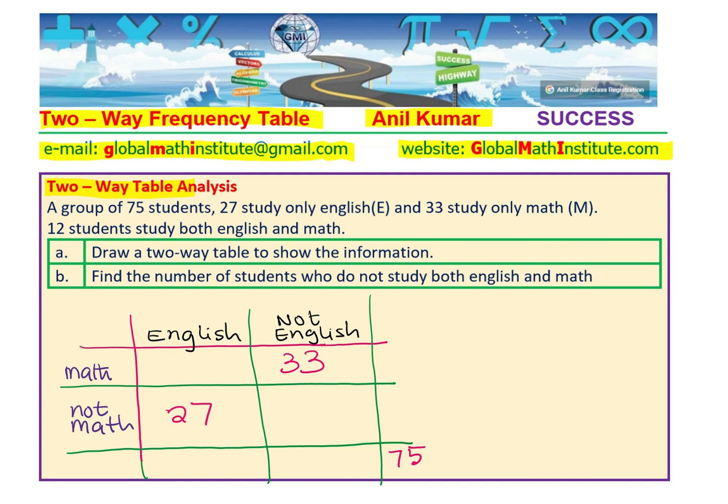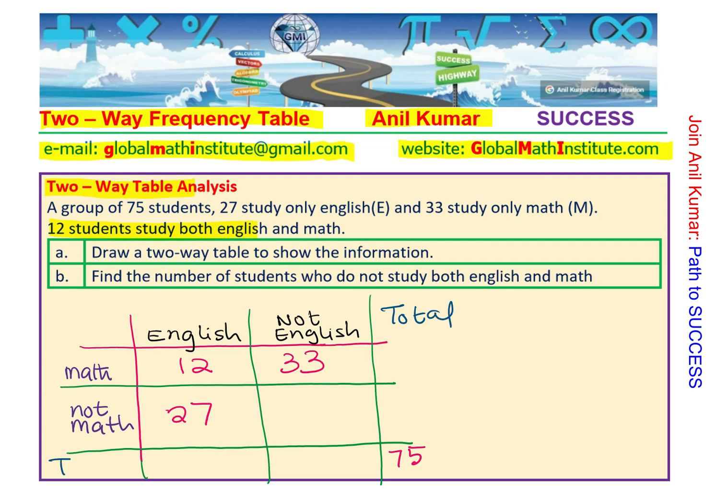12 study both English and math, 12 students, right? Where will that go? Well, both English and math will come right here. Make sense? Once we have this information given to us, we can actually fill in the missing values. On the other hand, what we have is totals.